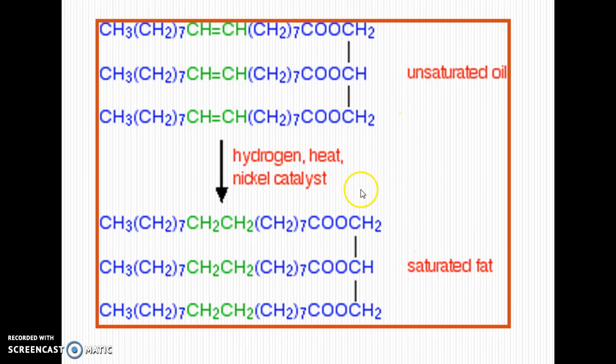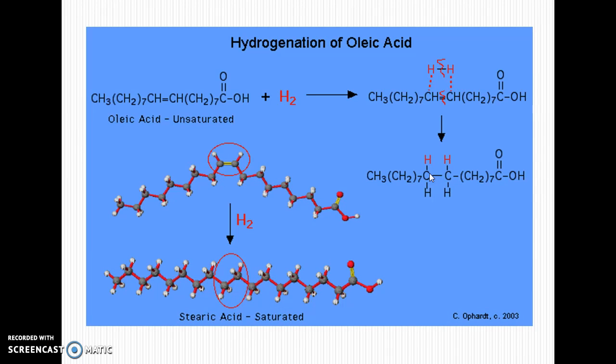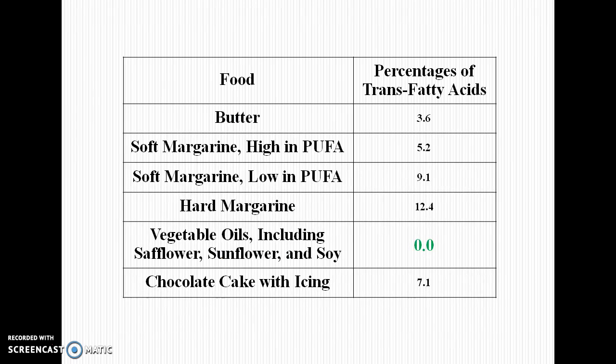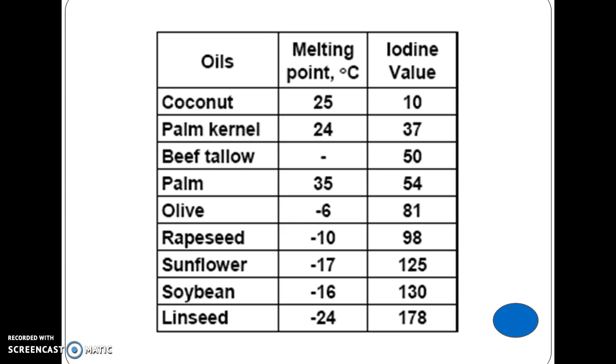But in between these two, you can get a mass which will be plasticized or semi-solid. In this way, oleic acid, an unsaturated acid, can be saturated to stearic acid. But that will again produce trans fatty acid, which is nutritionally not so good. So you have to have some idea how to control the hydrogenation, how to get less trans fat, and in what way you can control the melting point of your fat. This way you can design the consistency or texture of your fat material.